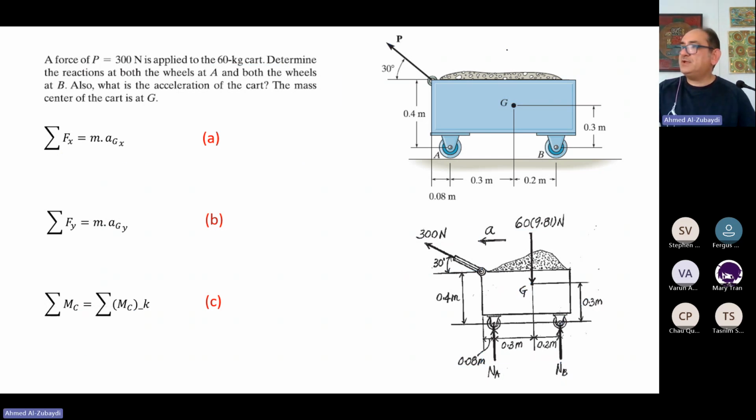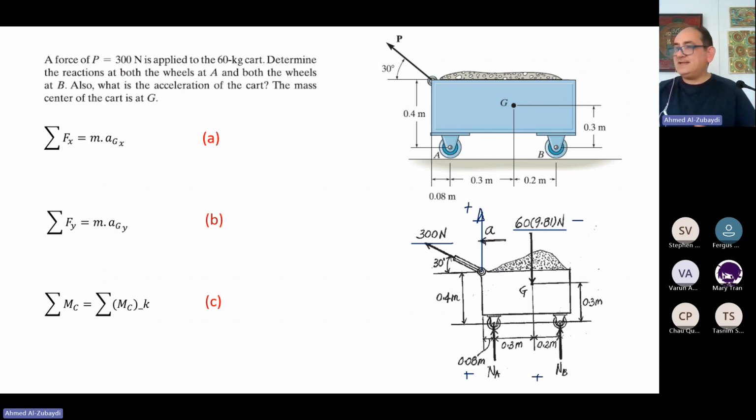And the y-axis, we have the weight going down, negative, the 300 sine of 30, and it's going to be NA, NB. So this is positive, this is positive, and this is positive, and this is negative.